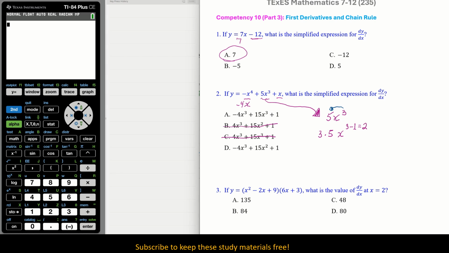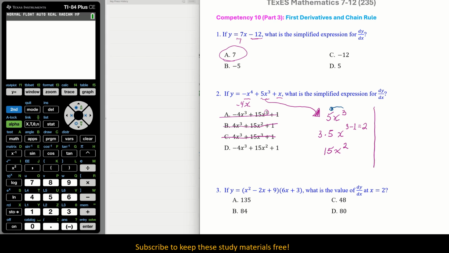So now to simplify the whole thing, we have 15x to the second power. I can already go to my options and see that they forgot to subtract 1 from the exponent 3. So A is incorrect.